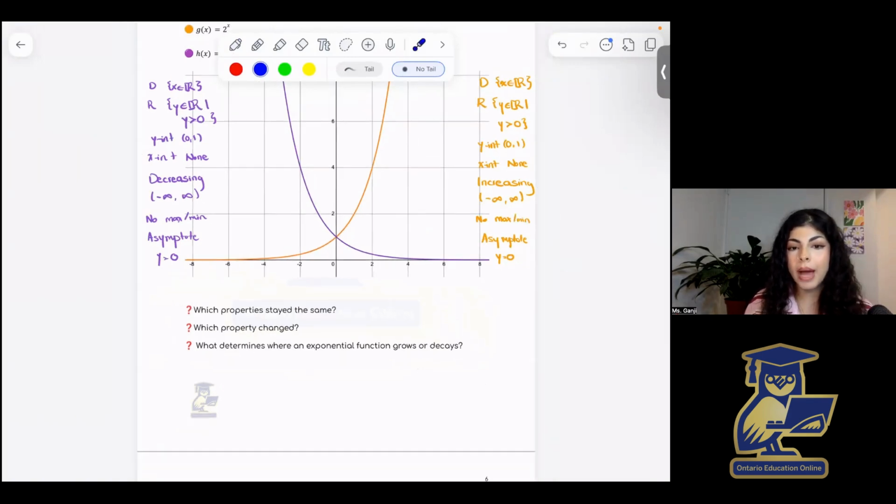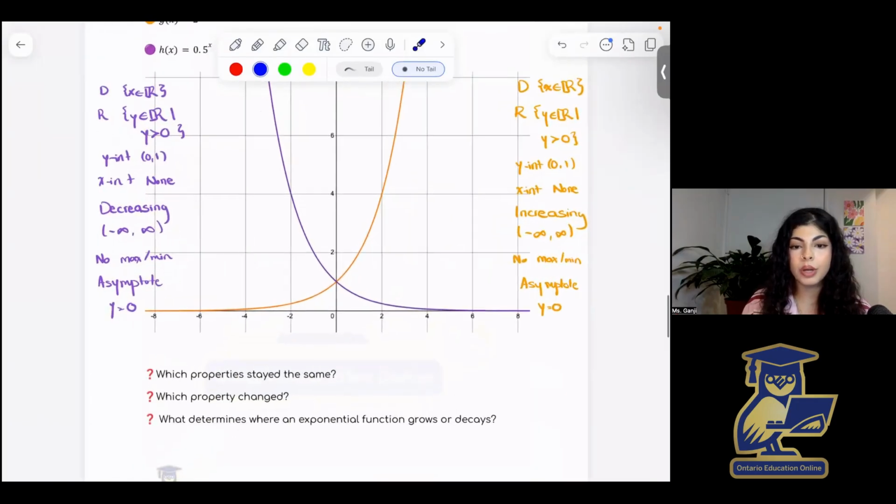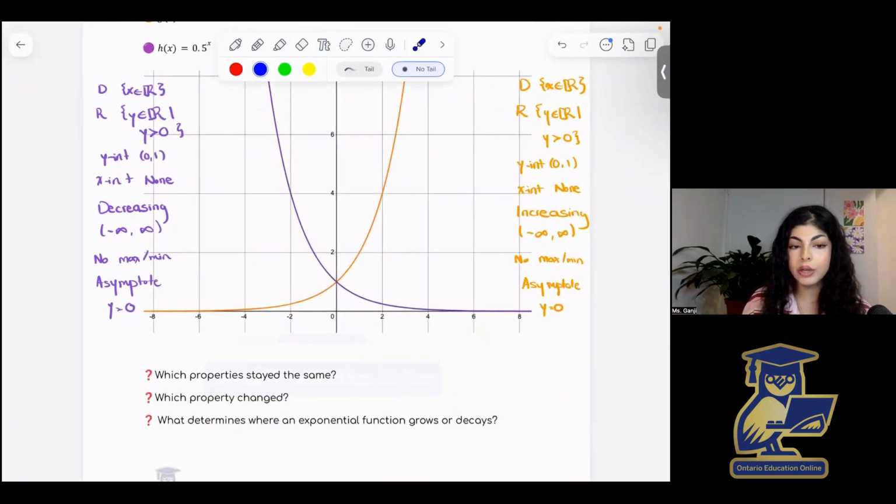So it doesn't really matter if the asymptote occurs when x is approaching infinity or negative infinity. It is just when the function is approaching it for any interval. So we can see that in both of these graphs, the asymptote is the x-axis, but how the function approaches it is different. Here, again, we are going towards the positive x, but here we're going towards negative x.